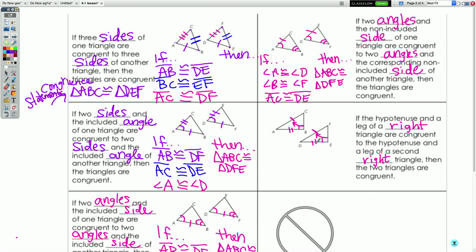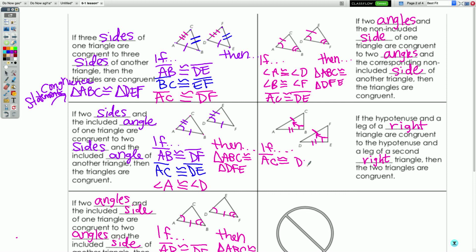So usually there's 3 pieces of information. The third piece of information here is just that we have right triangles, because that only applies to right triangles. So let's do our if and then. So if, let's say AC is congruent to, what would AC be congruent to?